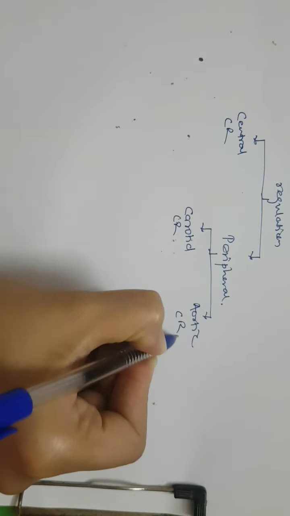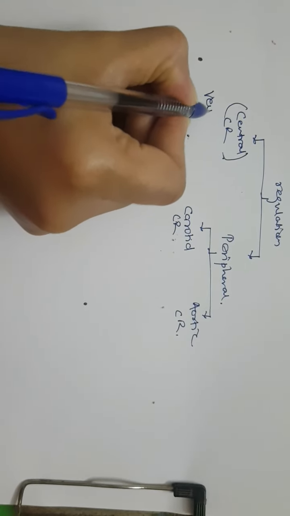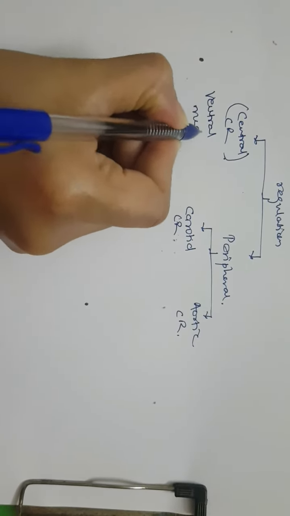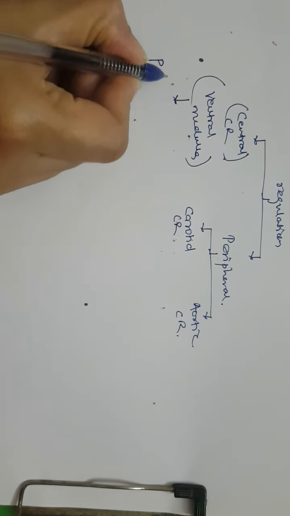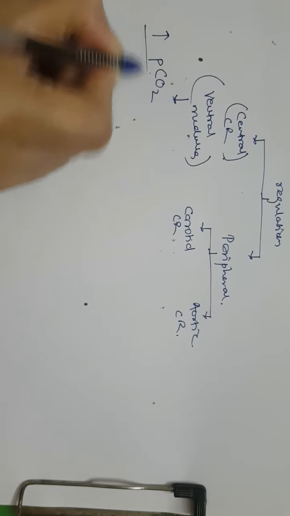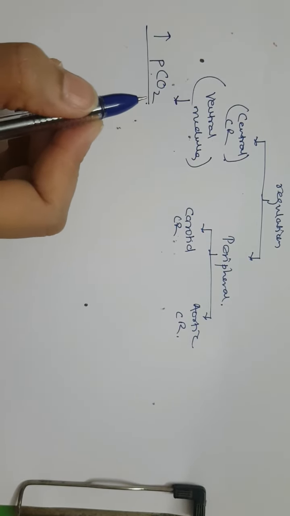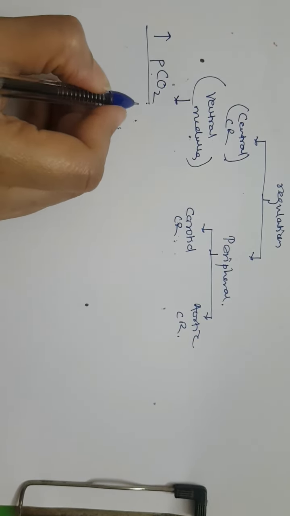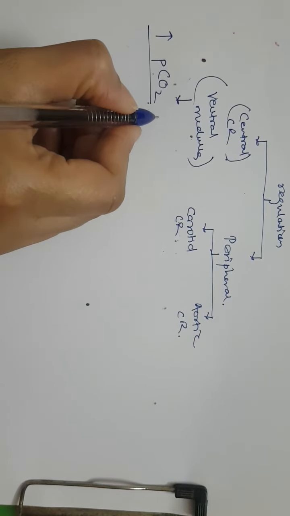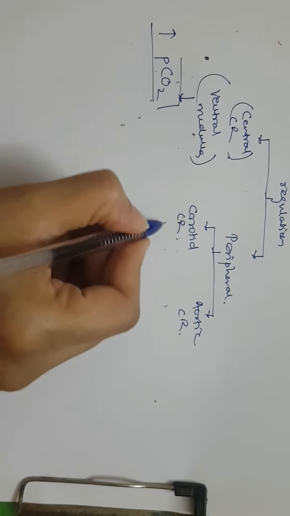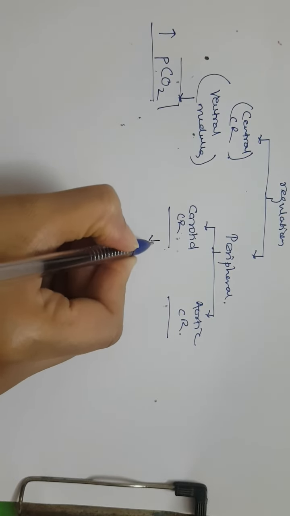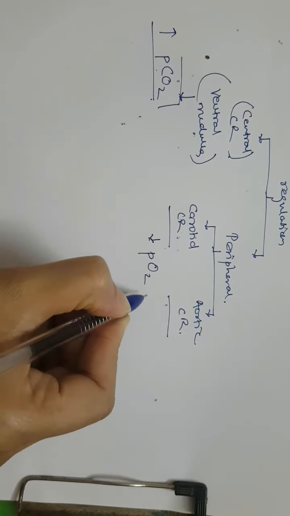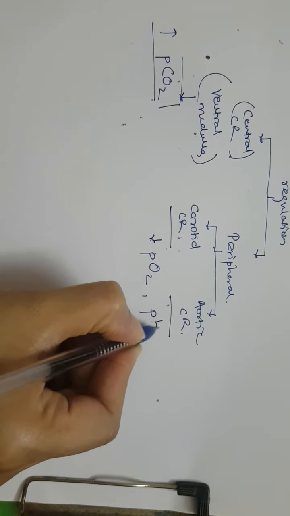The central chemoreceptor is present in the ventral medulla. It is very sensitive to changes in PCO2. A rise in PCO2 will cause increased ventilation. We'll see in detail how this occurs. The carotid and aortic chemoreceptors are sensitive to decreased PO2 and changes in pH.